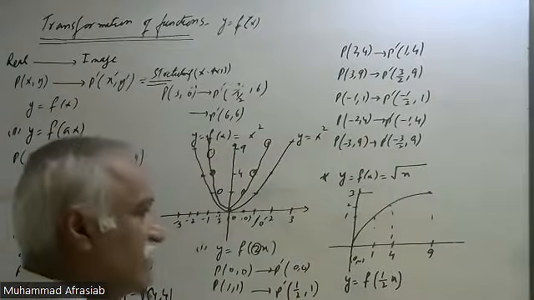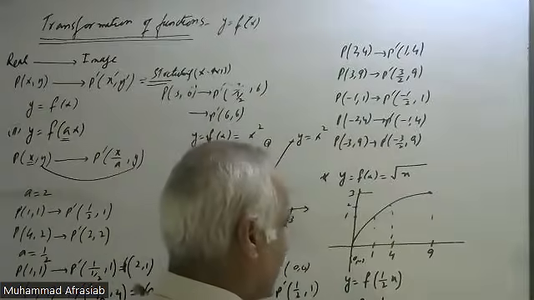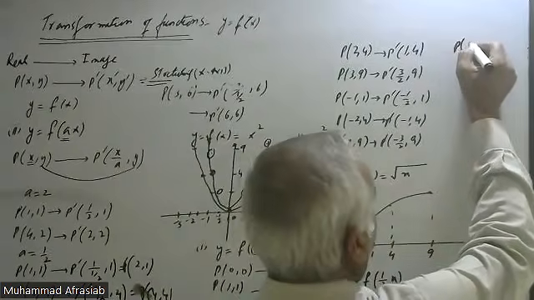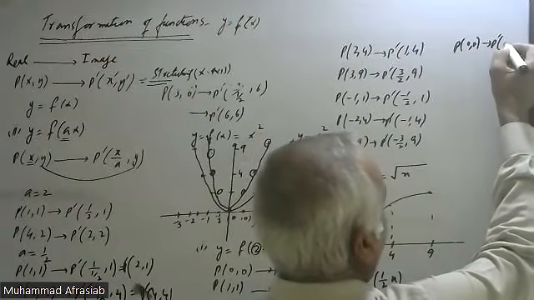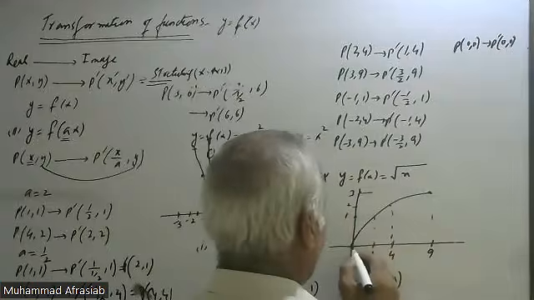Now you have seen that a is equal to half here. So our point P, if it is 0, 0, then the point P dash will become 0, 0 there. So that point is retaining its position.